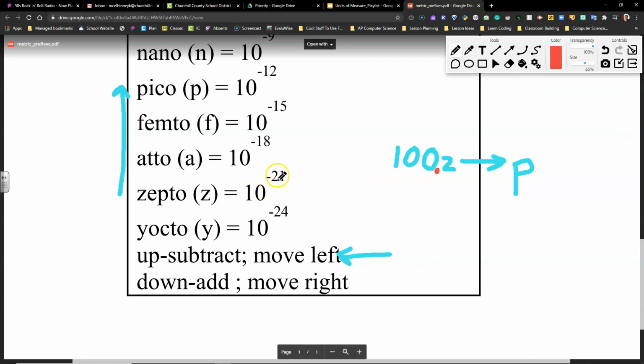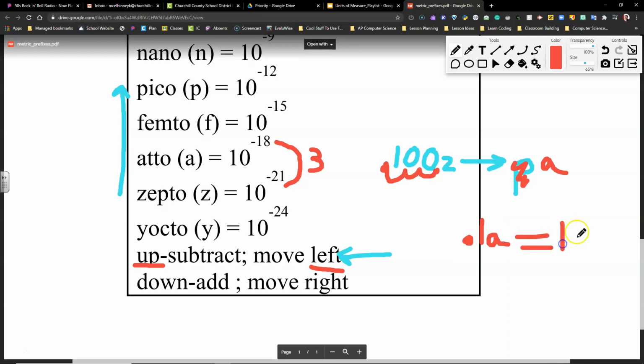Let's go to atto, just because it's not as big of a jump. But the difference between 18 and 21, so 18, 19, 20, 21, is 3. So the difference between here and here is 3. And I'm moving to the left because I'm going up the chart. So I move left 1, 2, 3. And so 0.1 atto is equal to 100 zepto.